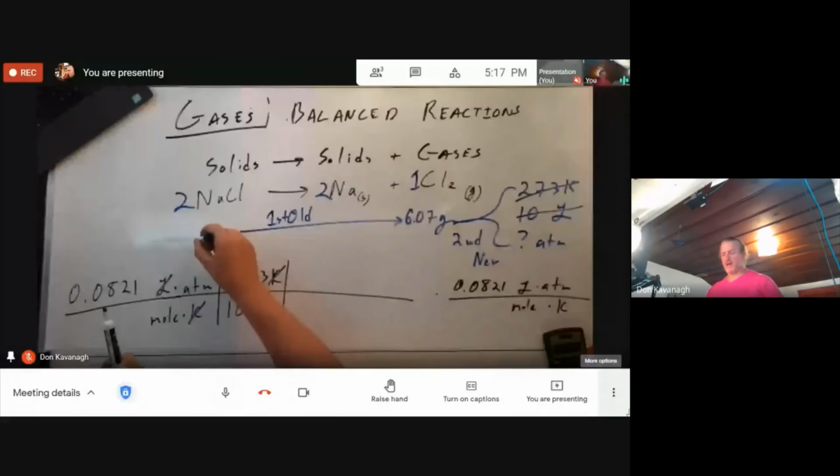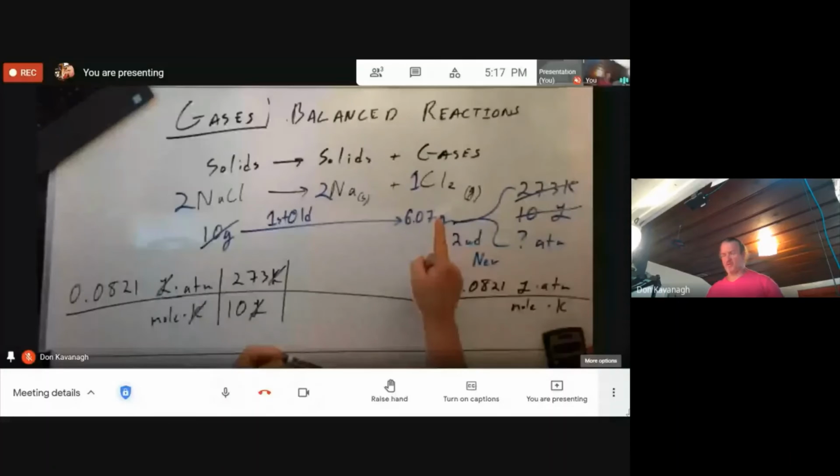Let's be clear here. This is the connection I'm trying to make in my head right now. I have a number with a unit of grams, and I need to cancel out moles. I want to flip through the phone book of chemistry in my head and ask, is there a constant that has both grams and moles together?